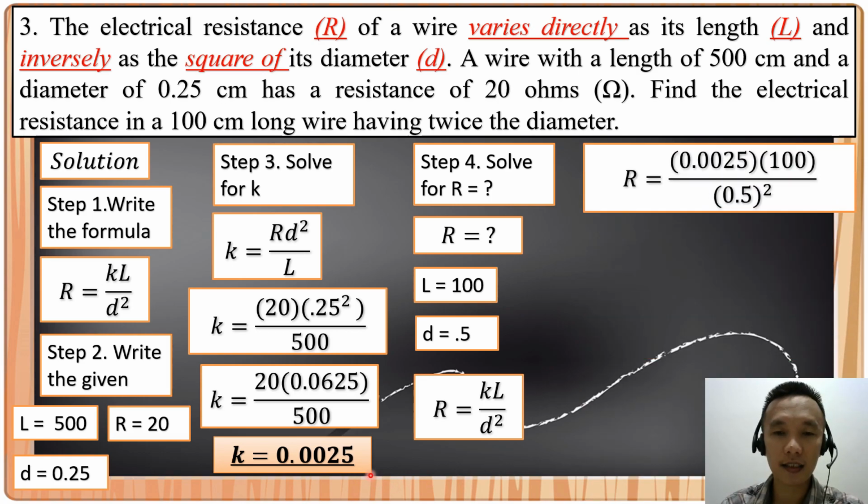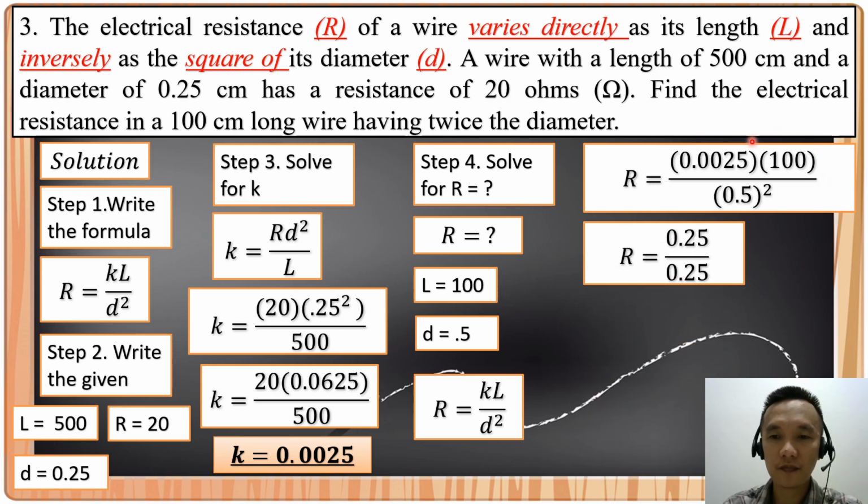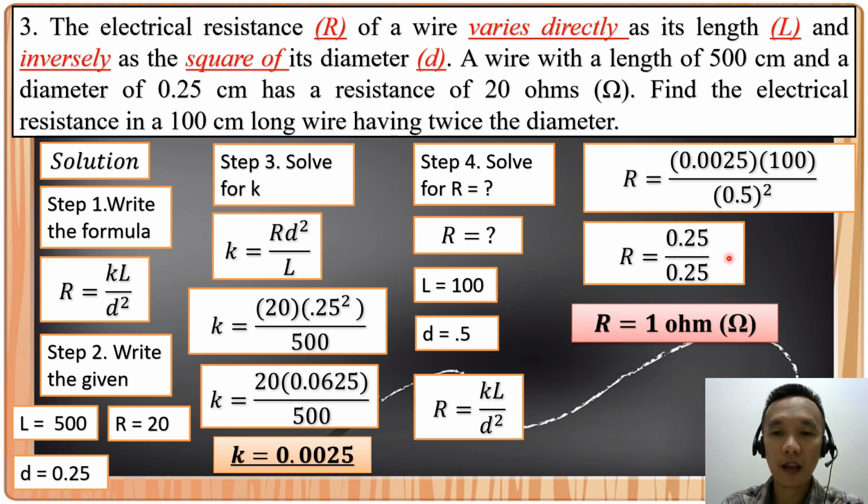So our K will become 0.0025, our L will be 100, and our D will be 0.5, then squared. Then multiplying 100 by 0.0025, it will be 0.25. And 0.5 times 0.5 will also be 0.25. Since this is the same, our resistance R is equal to 1 ohm.